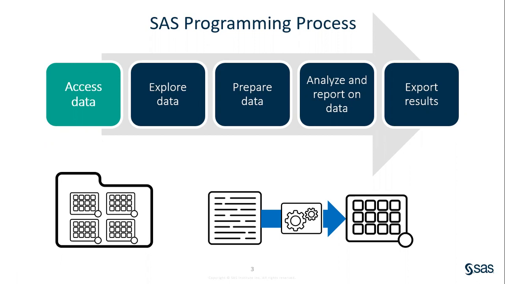When a person is working on any data, irrespective of a specific tool, one has to access the data, explore the data, and prepare the data for analysis and reporting. Once it is done, he or she might export or submit it for reporting purposes.